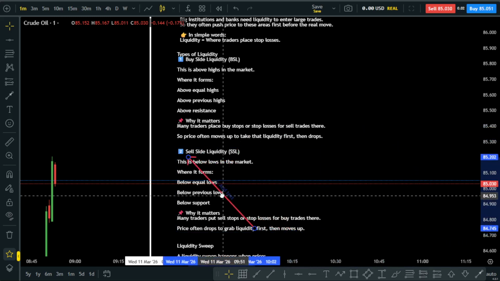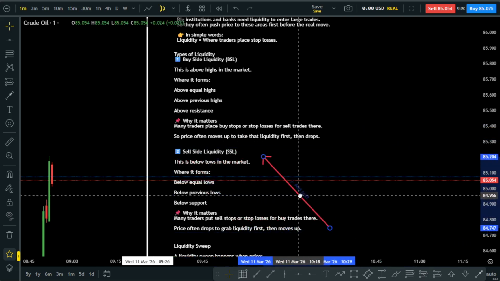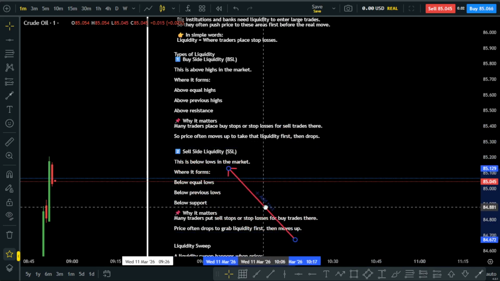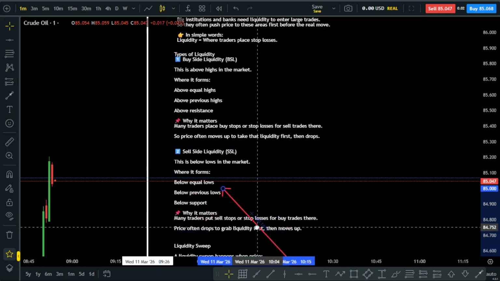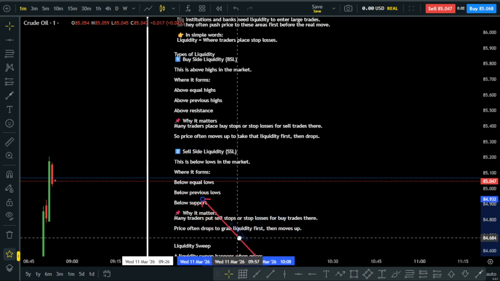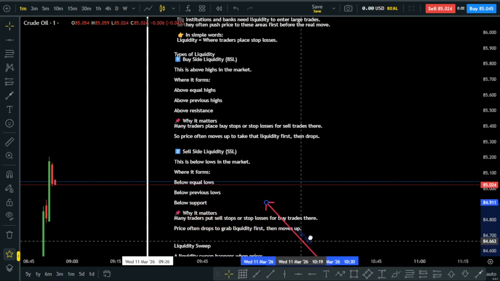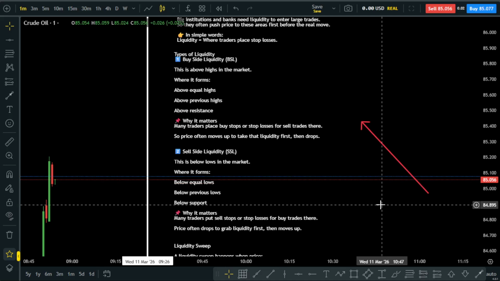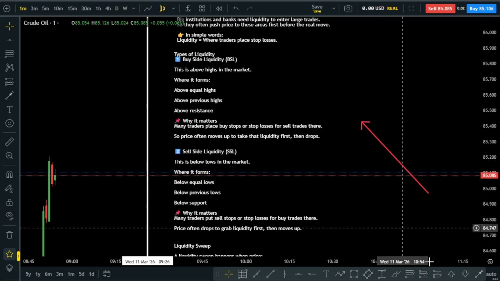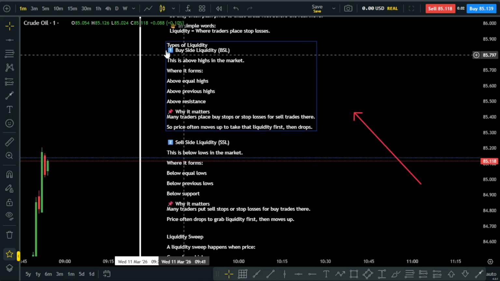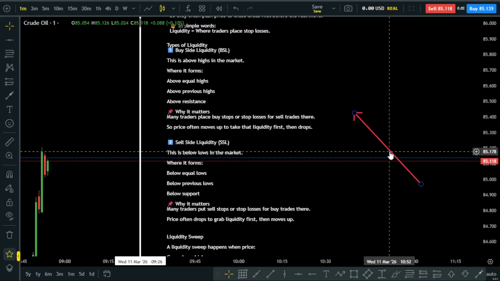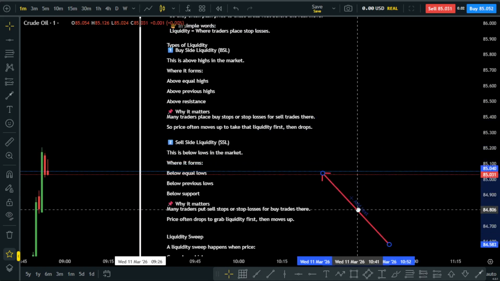We have another one. We have sell side liquidity. This is below lows in the market. Where is it from? Below equal lows, below previous lows, below support. So above the resistance you find buy side liquidity.